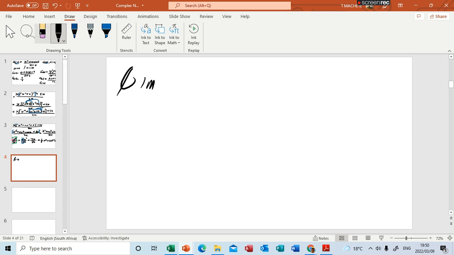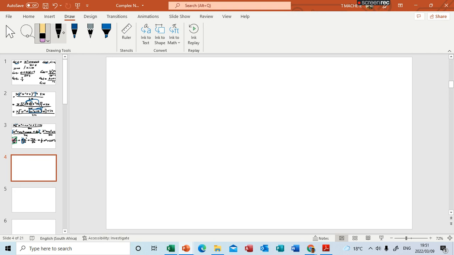Let me try to fix this thing. The line went out, so I need to reduce. Now I want to make it thin.